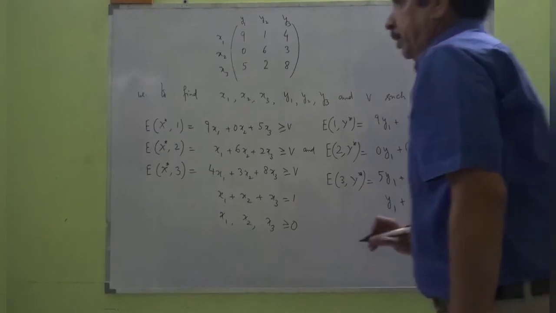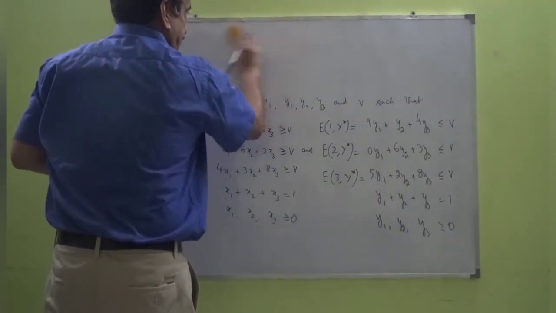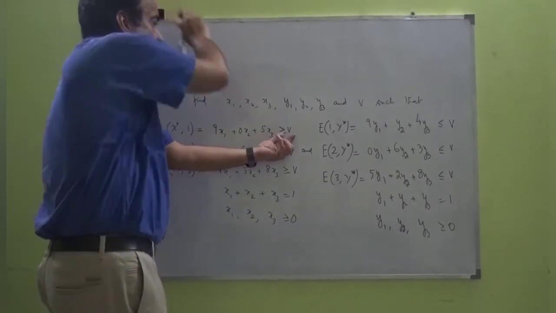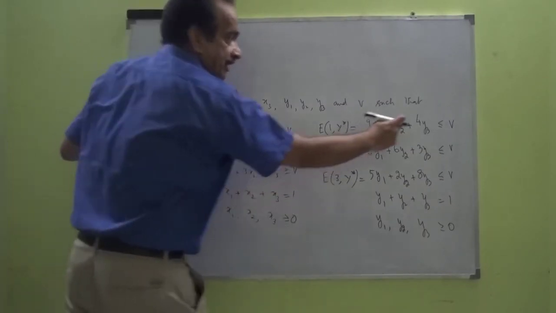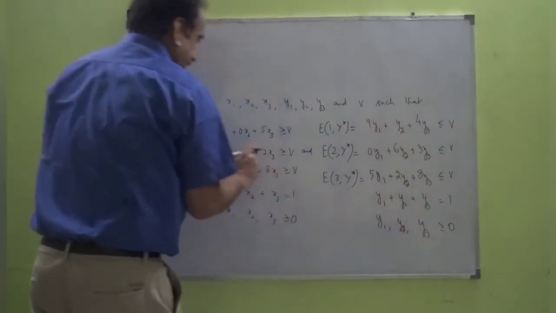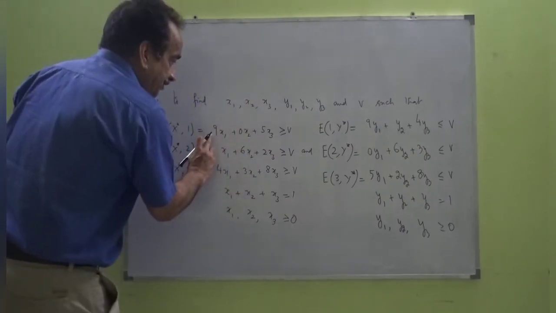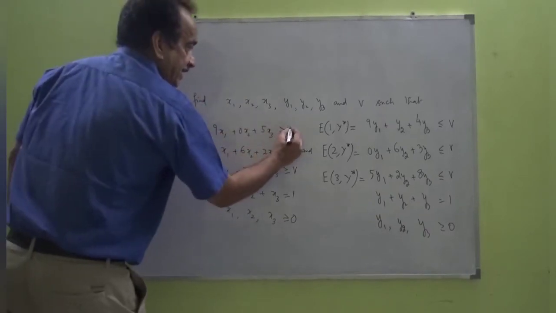Now, dividing all these relations, because our V is positive, look here that V is positive is being used. Because our V is positive, we divide all these relations by V. Let me write x1 by V as x1 dash.